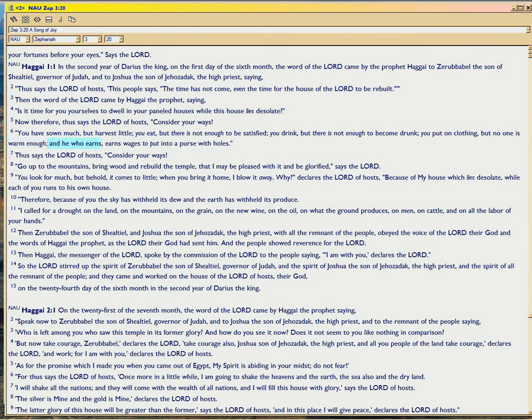And he earns wages, but the purse with holes means either it's too expensive to live, because there's a shortage of food and clothing, or they're wasting their money, not spending it properly. We have that expression in English too. Purse with holes. You earn it, and then you lose it.